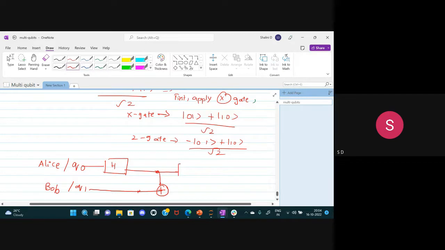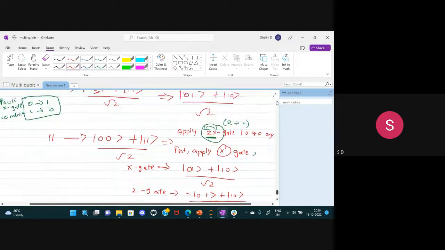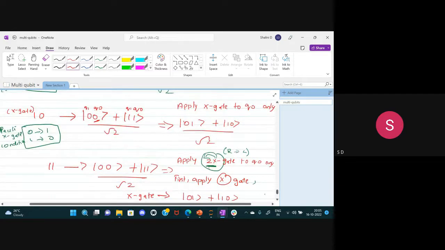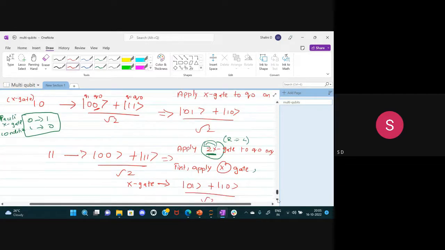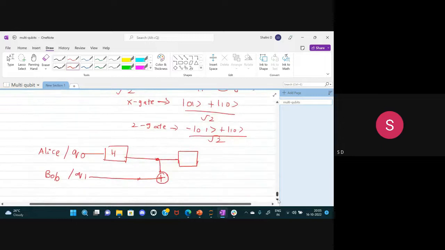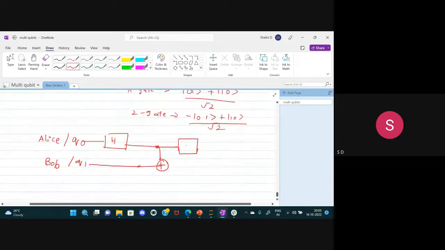For example, Alice is sending 10 as a message.